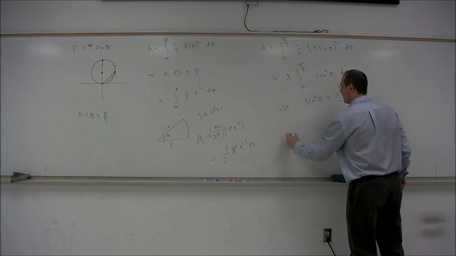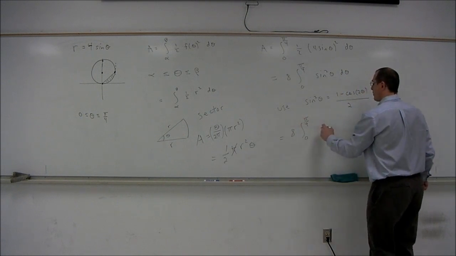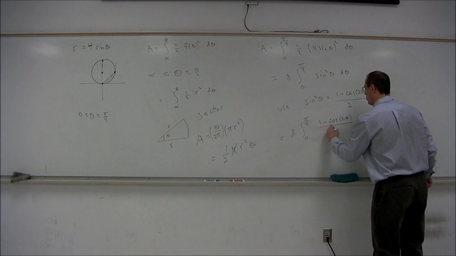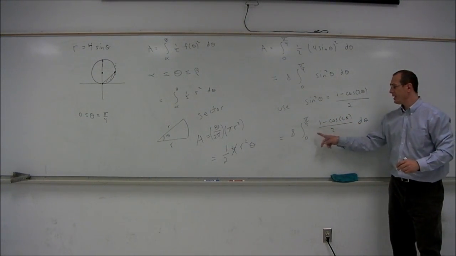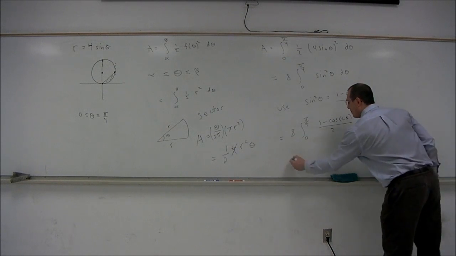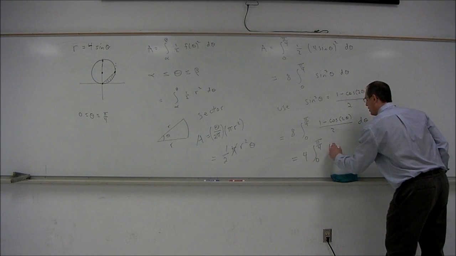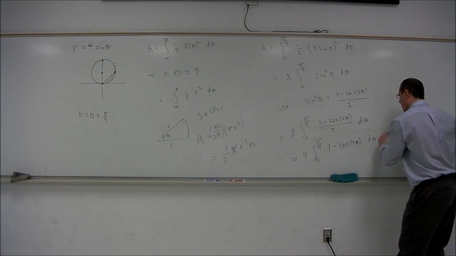So this is going to become 8 times the integral from 0 to pi over 4 of (1 minus cosine of 2 theta) over 2 d theta. We can take the 2 in the denominator out, it will cancel with the 8, making 4 times the integral from 0 to pi over 4 of 1 minus cosine 2 theta d theta.